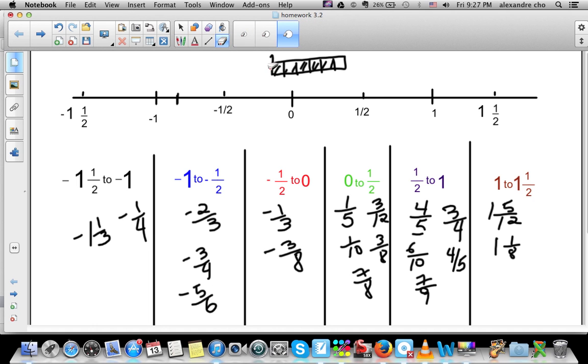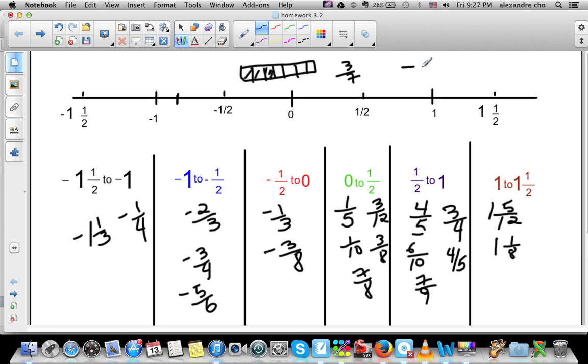3/7. Positive, something that's cut up in 7 pieces, and you take 3. 1, 2, 3, 4, 5, 6, 7, and you take 3 pieces. Okay, 3/7. You have to decide if it's more than half or less than half.